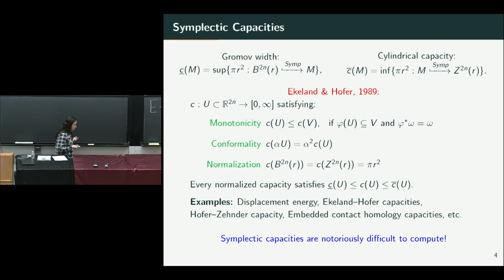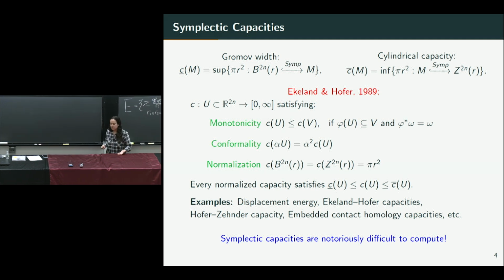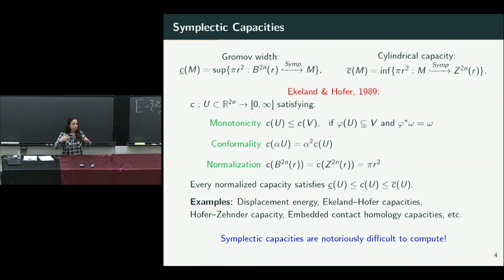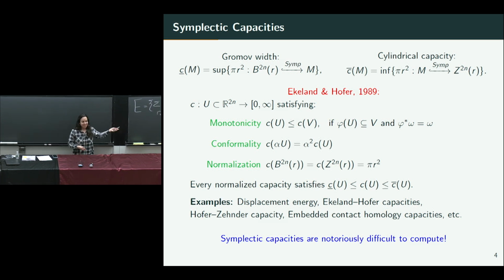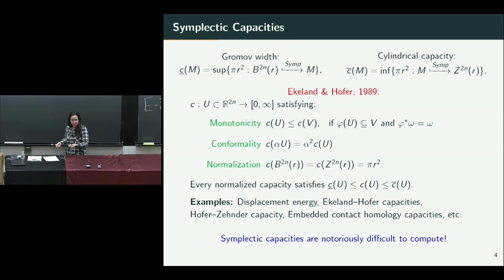So they're a very useful tool and kind of fun, but their big caveat is they're very hard to compute in general. Given a general manifold and some capacity, we usually do not know how to calculate it. So not everything is as easy as this ellipsoid case.